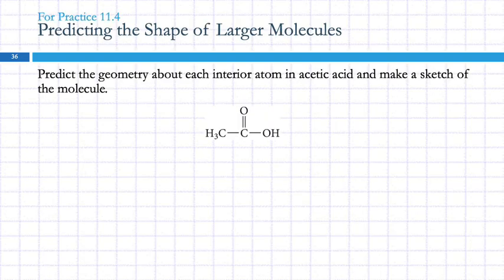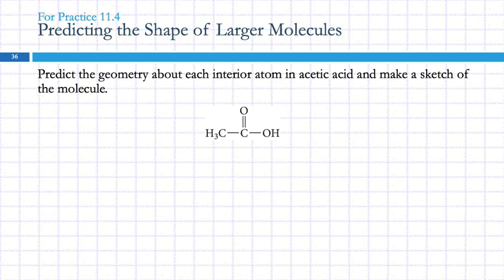So predict the geometry around each interior atom in acetic acid, and make a sketch of the molecule. So there probably will be a question on the next exam that gives you a molecule that has more than one interior atom, and it's going to ask you about geometry on some of the interior atoms.